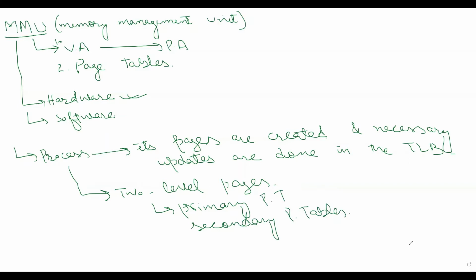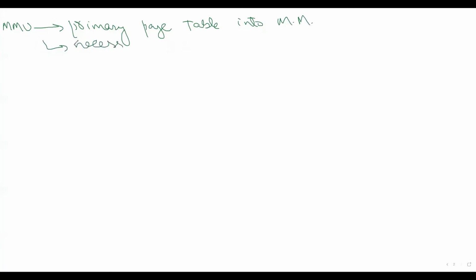So what our MMU does, whenever a process is created, it creates a primary page table in main memory for that particular process, and also creates necessary secondary page tables, not all page tables, but only the required secondary page tables.